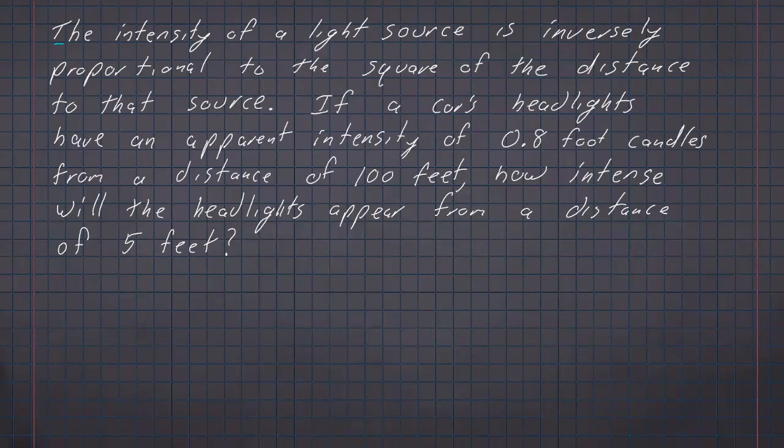So we're looking at the intensity of a light source. Let's call it I. It's going to be inversely proportional to the square of the distance to that source. It is a distance, so let's call it d. And we'll notice that we are squaring d, so not just d, but d to the second power.